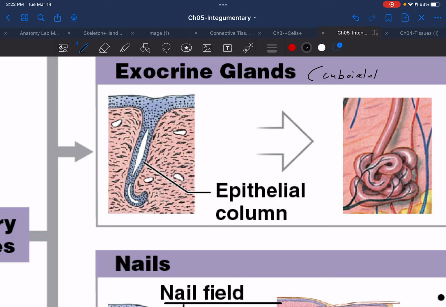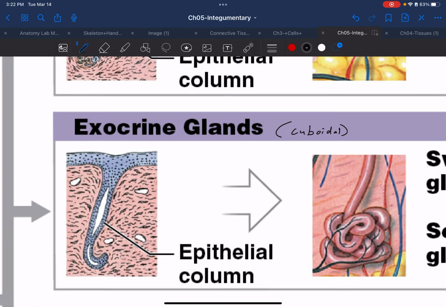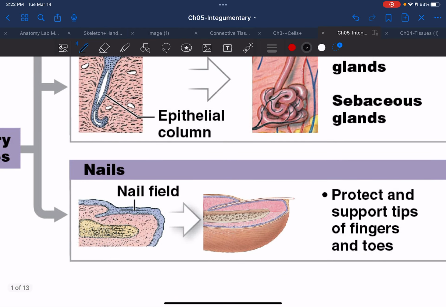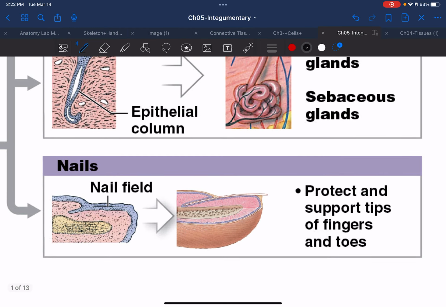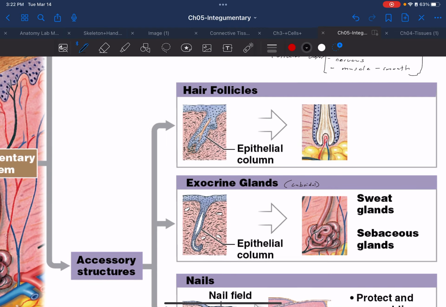So you can see even embedded within all of these tissues, you can see another epithelial tissue, cuboidal. And the nails are going to be their own sort of case study in a way. And let's keep going.